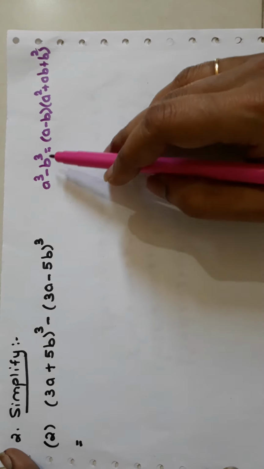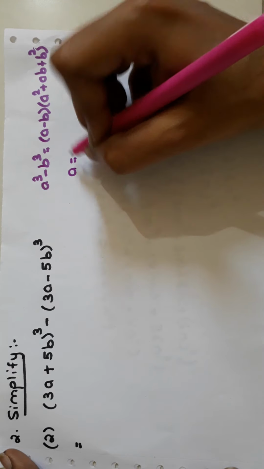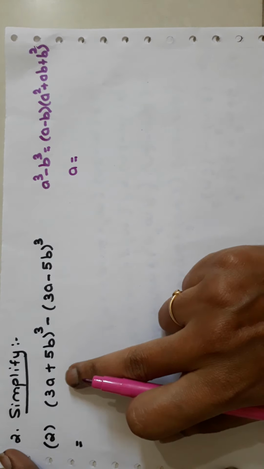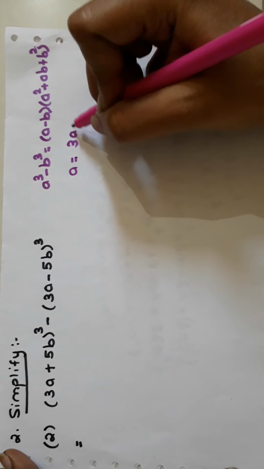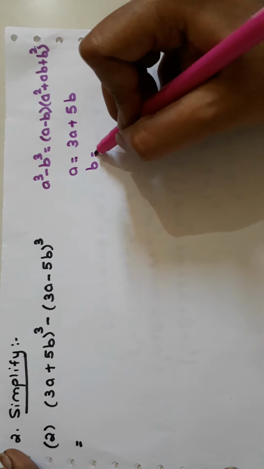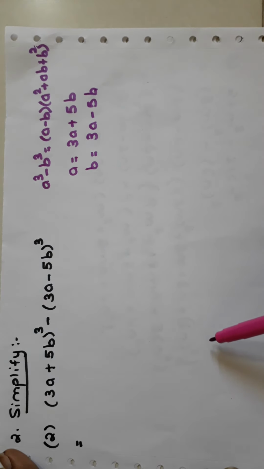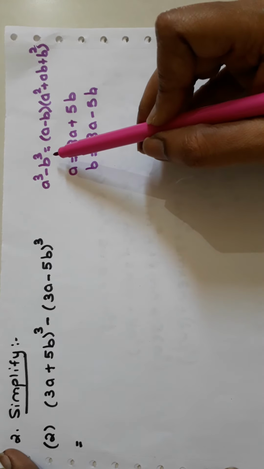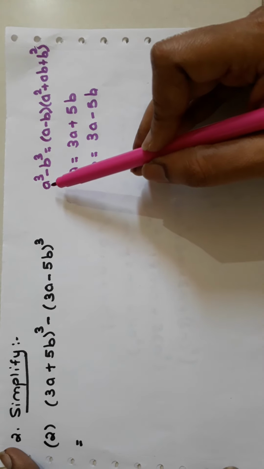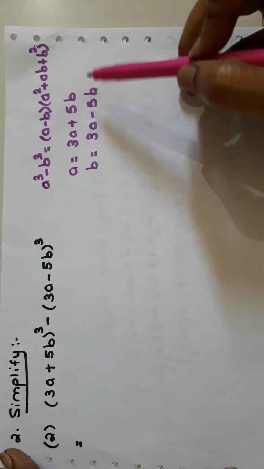So when you compare both, here a is 3a plus 5b and b is 3a minus 5b. So that means in this formula you will replace a by 3a plus 5b and b by 3a minus 5b.